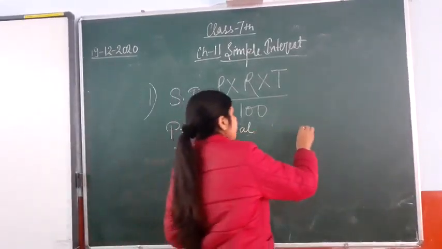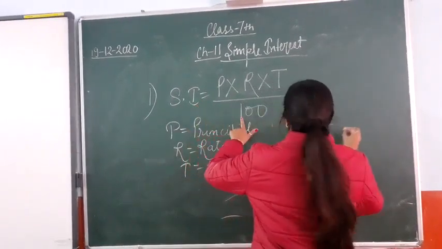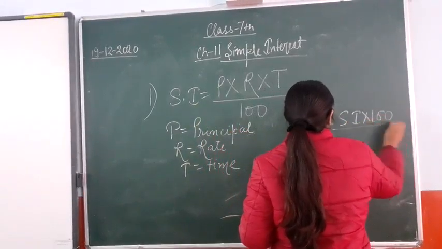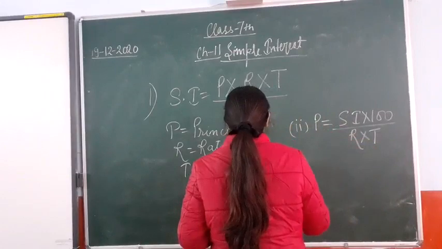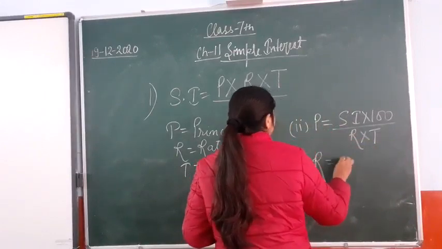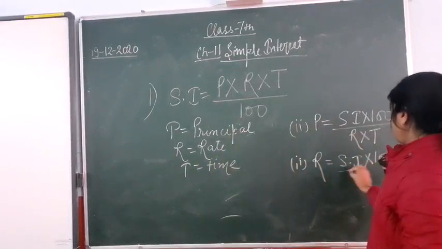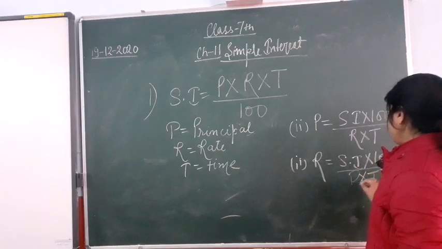See, if you have to find out P, what will you do? P is equal to SI multiplied by 100, and R and T will come down. If you want to take out R, again SI into 100 upon P into T will come on the downside.